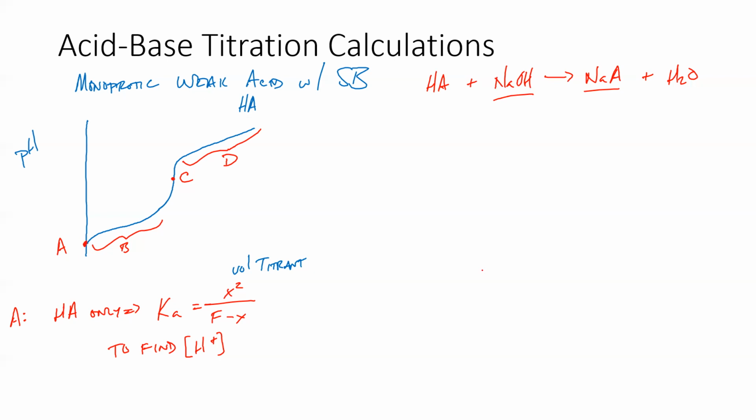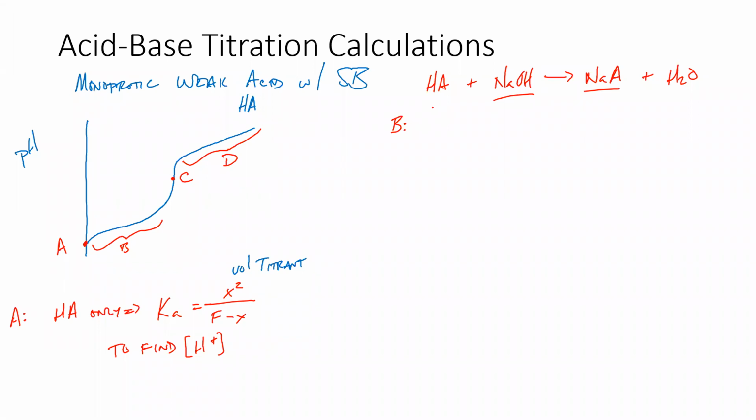And so in point B here, we are converting our weak acid into its conjugate base. And that happens completely at point C, at our equivalence point. We go from 100% HA to 100% A minus, but in between, we've got a mixture of those two things. What do we have?